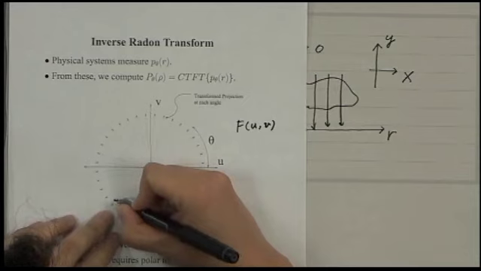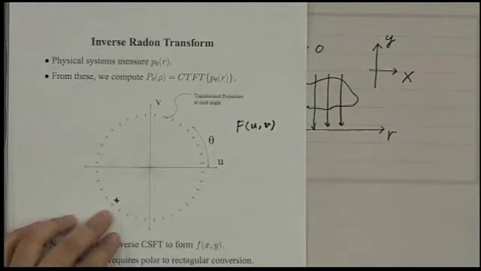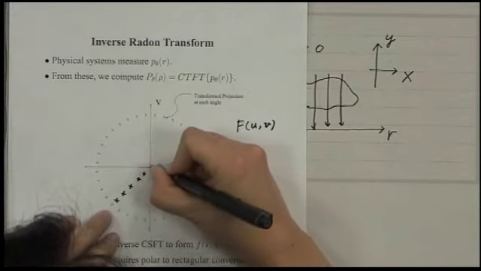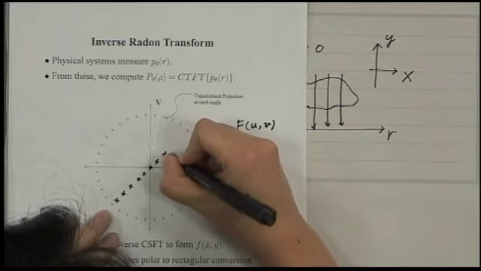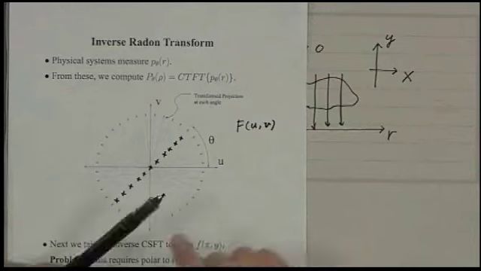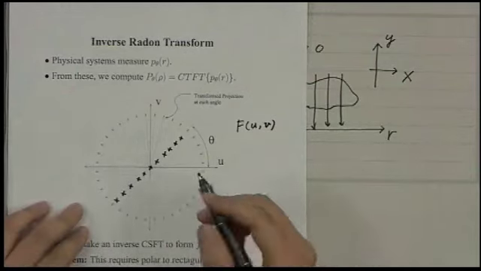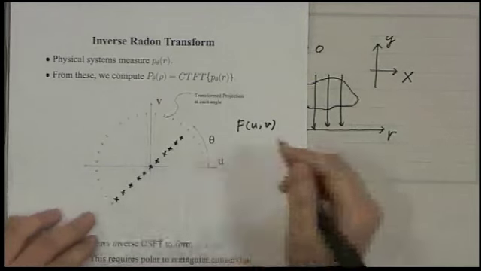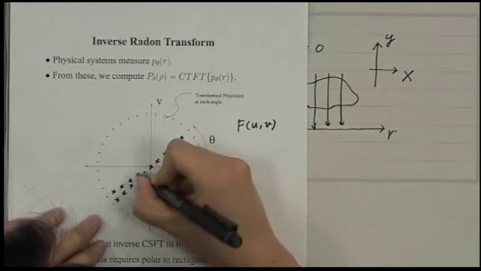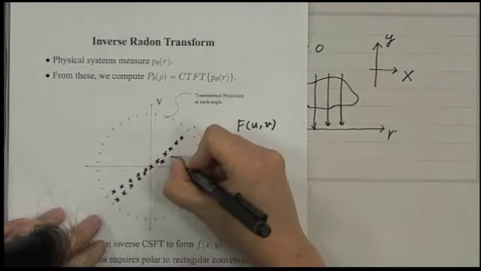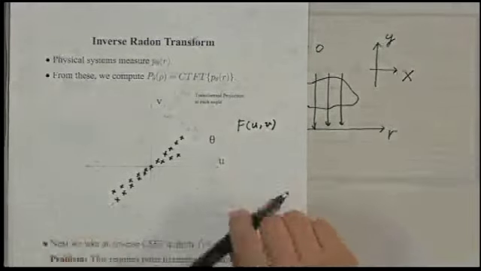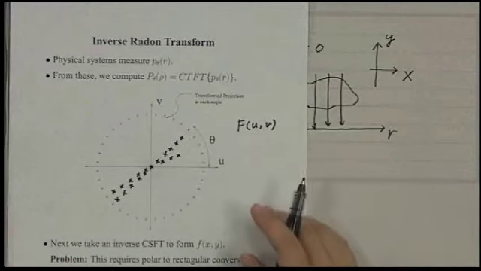So okay, I can calculate, and then we start plotting like this. Then I change the theta a little bit, and then I can calculate the Fourier transform of the projection like this. So I can just continue, and then we can plot everything.